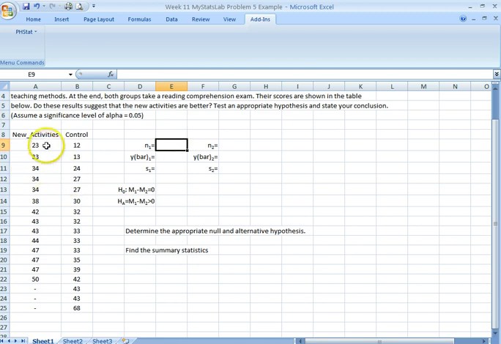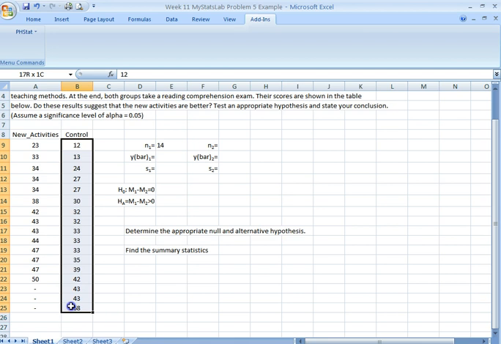We can highlight it, and if you look at the bottom of your spreadsheet, it's going to say count. And we know that's 14. We'll check the other group and make a count there also. The count is 17.